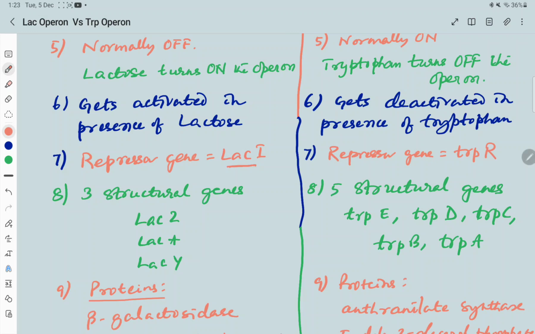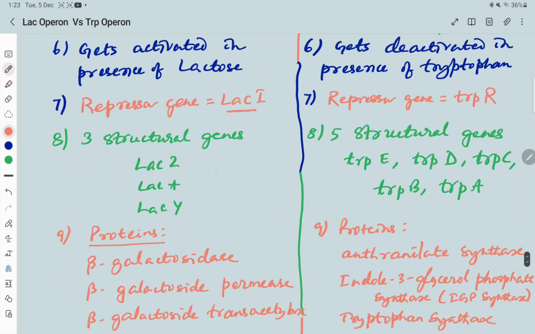And there are 3 structural genes, LAC-Z, LAC-A, and LAC-Y, whereas in case of TRP operon, there are 5 structural genes, TRP-E, TRP-D, TRP-C, TRP-B, and TRP-A.